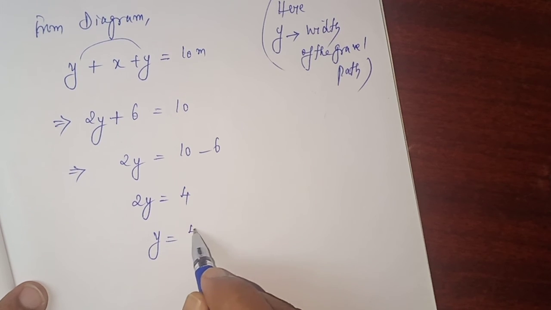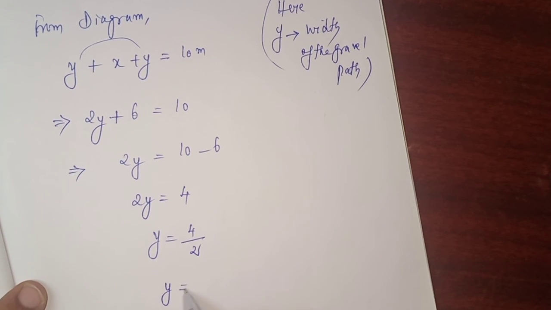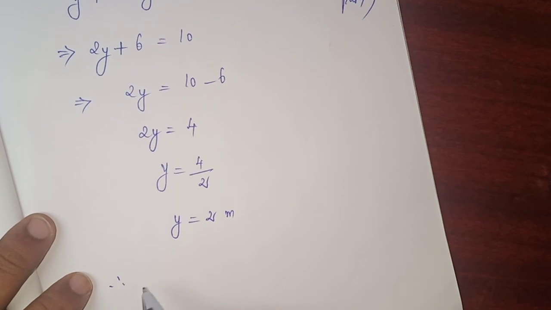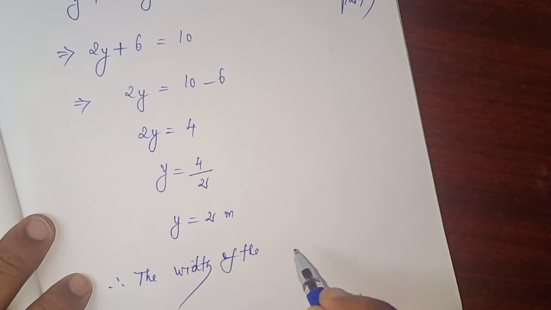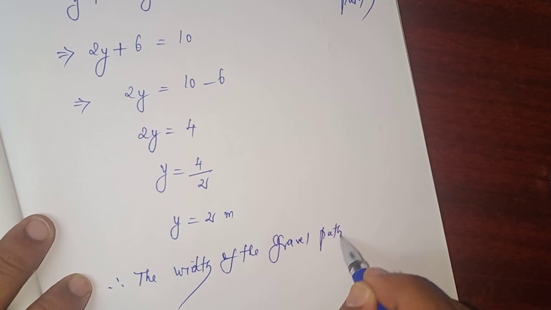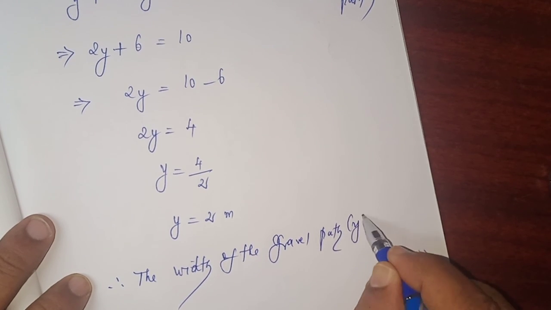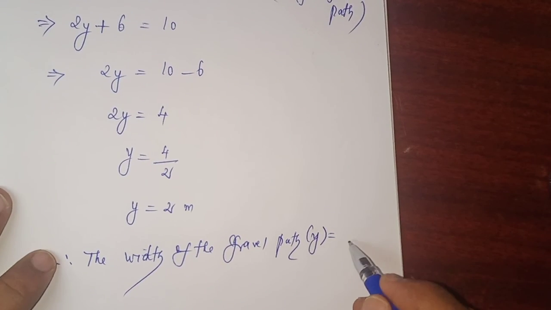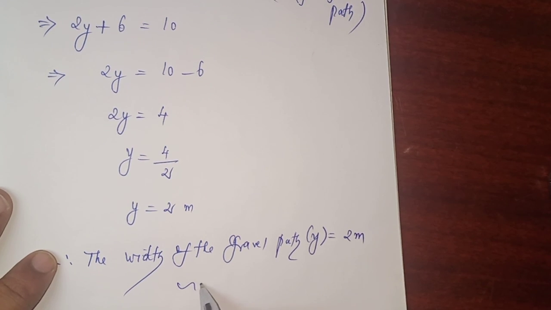Therefore, y equals 4 divided by 2, y equals 2 meters. Therefore, the final result, the width of the gravel path, that is y, equals 2 meters.